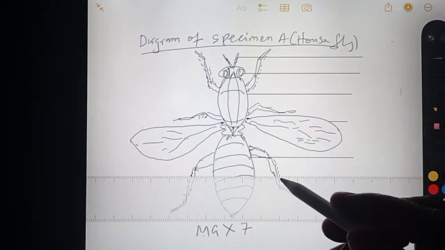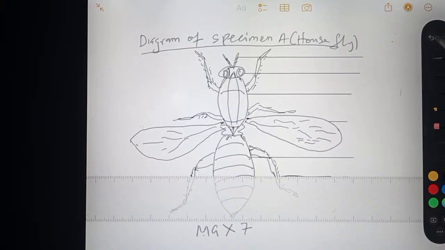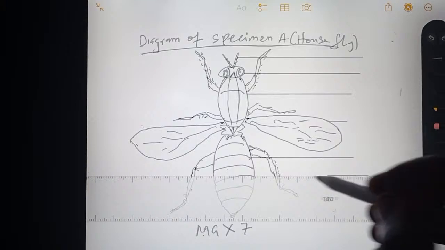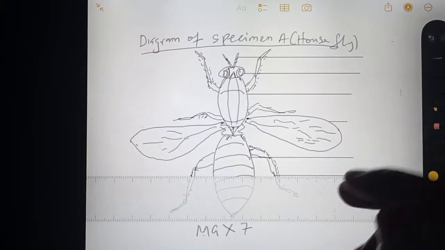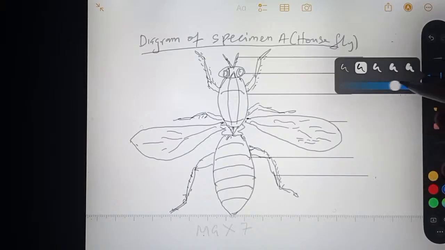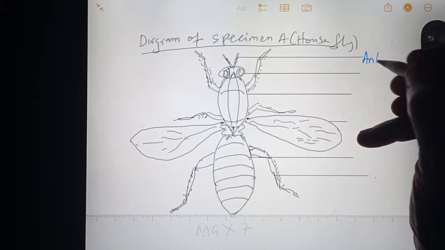And here is the pair of walking legs. Okay. So in writing the parts you drew, I said you can use pen or pencil. So you can simply say antenna.